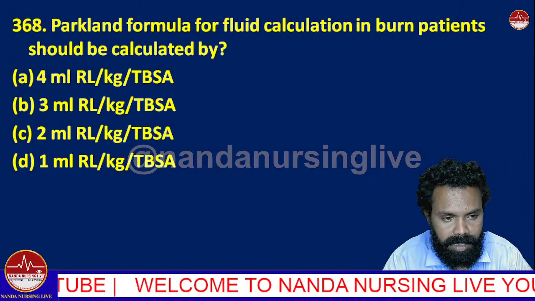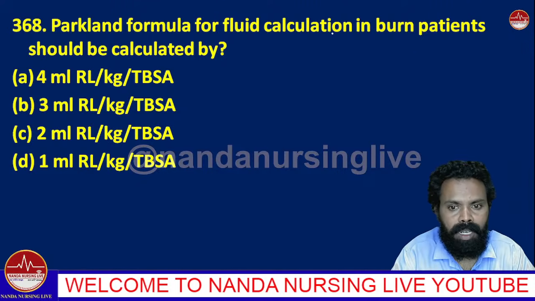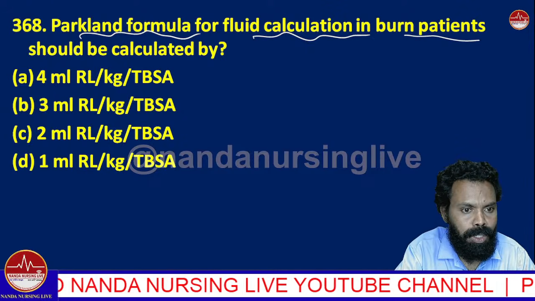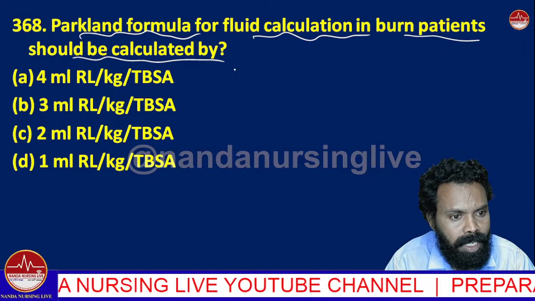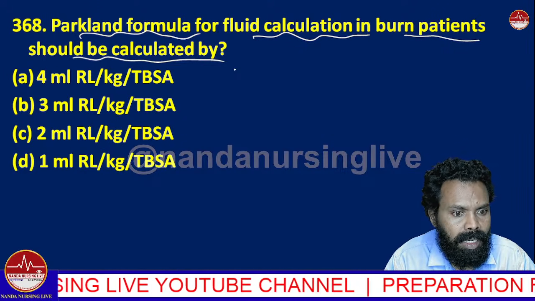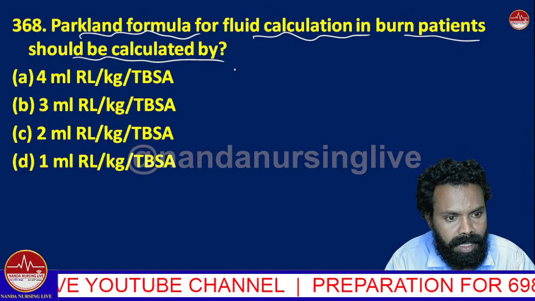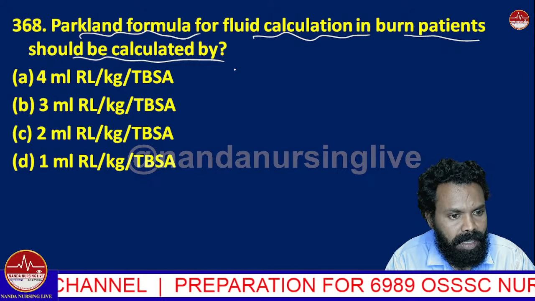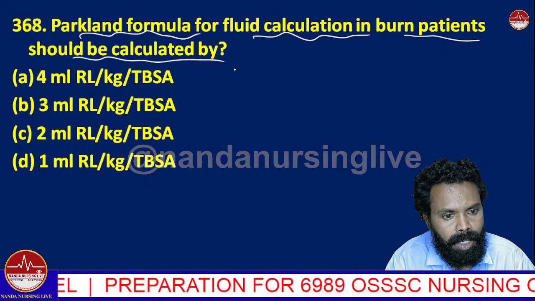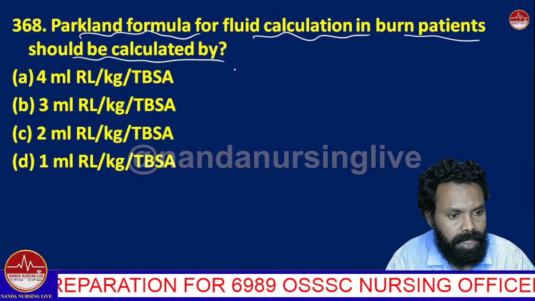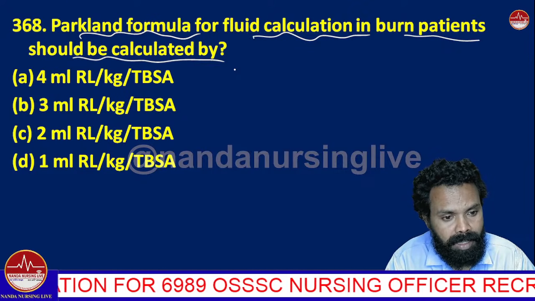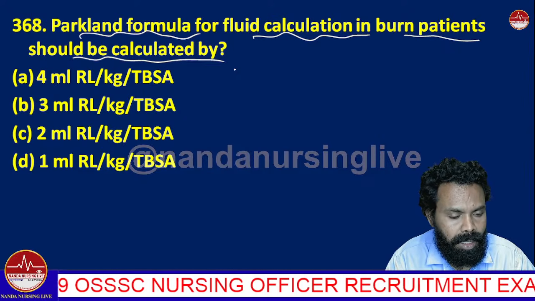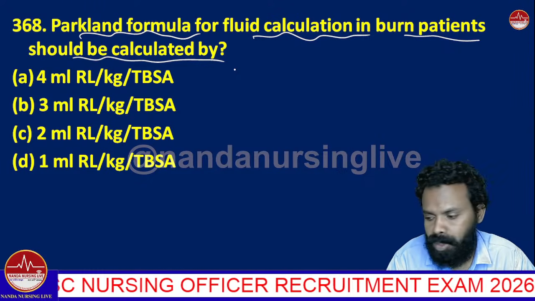Next question number 368. The Parkland formula for fluid calculation in a burn patient should be calculated by: option A 4 ml ringer lactate per kg per total body surface area, option B 3 ml, option C 2 ml, option D 1 ml ringer lactate per kg per total body surface area.